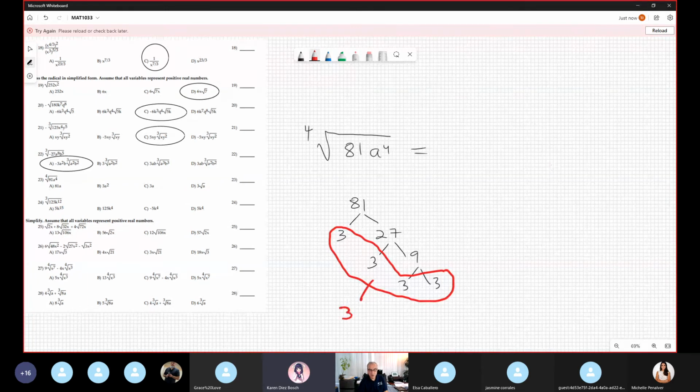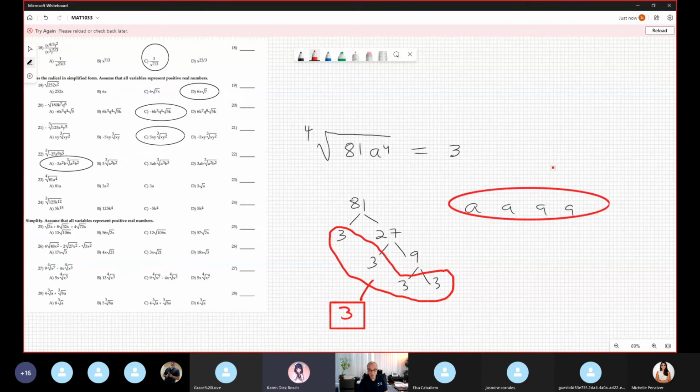So actually, we discovered the fourth root of 81 is 3. And a to the 4 is 1, 2, 3, 4. Again, exactly the amount of a we need to be a perfect fourth. This represents 1 a. And in the fourth root, we have nothing. Everyone goes outside. Nothing stays. And nothing is 1.